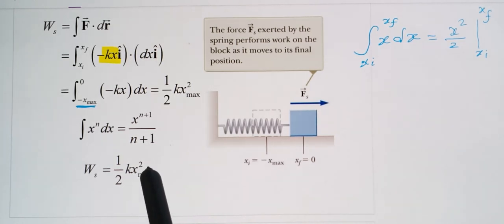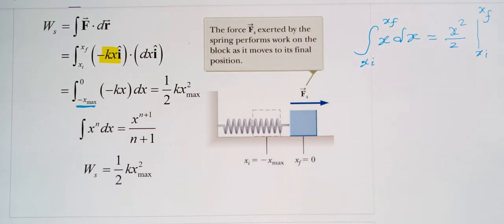Notice that it's x squared, so if x is positive, it will give you a positive value. If x is negative, it will give you a positive value. So work here is positive. If you compress the spring, you do a positive work. If you uncompress the spring, you do a positive work.